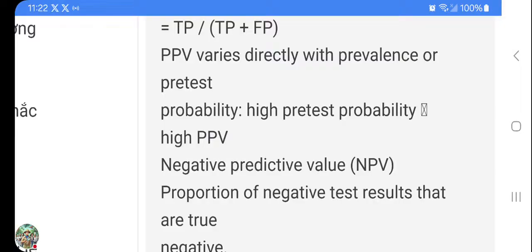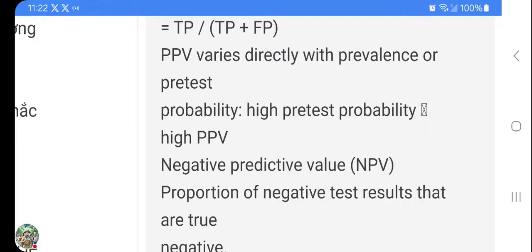A higher pretest probability means a higher positive predictive value. NPV is not associated with the prevalence or pretest probability in the same way. What is the formula for that? We want to talk about that later.